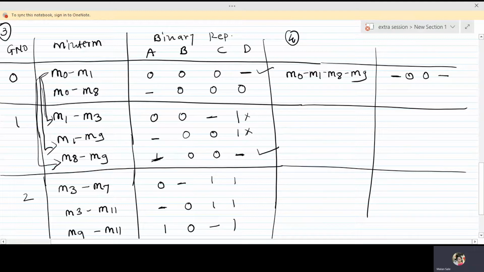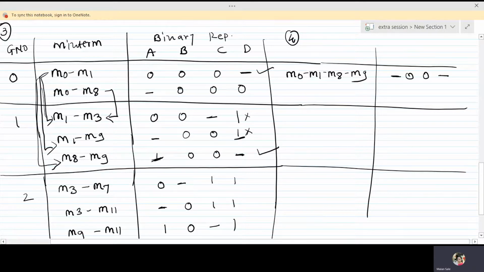Similarly, M0, M8 we have to compare. M0, M8 compared with M1, M3: M0, M8 has a first dash, but in M1, M3 the first dash is not there, so no comparison. M1, M9: first dash is there, so we can do the comparison. Go for the next bit, 0, yes matching, and the last bit.